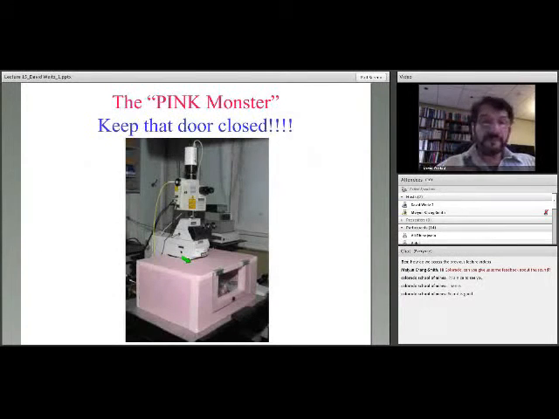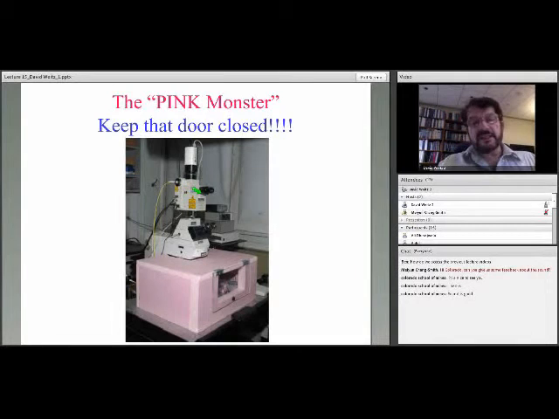Here's a picture of one confocal microscope that exists in my laboratory. There's this big pink box because the sample itself is kept at constant temperature. The actual confocal portion of this microscope is this unit at the top. This is what's called a spinning disc. It's a slightly more complicated version, but it's essentially the same thing.